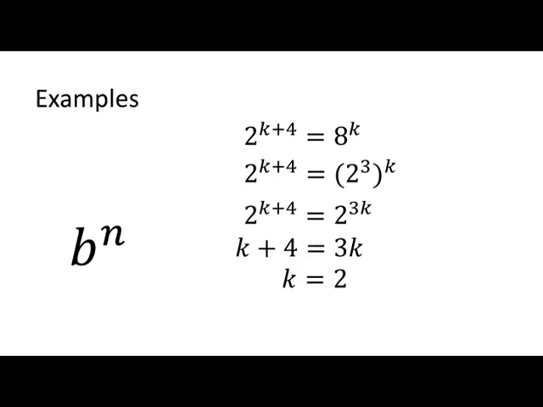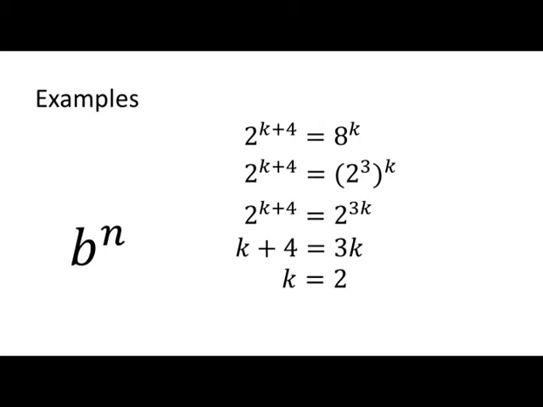2 to the power k plus 4 equals 8 to the power k. This one looks a little bit scarier, but think back at our rules. It's not that complicated. 8 is a power of 2. What power of 2 is it? It's 2 cubed.